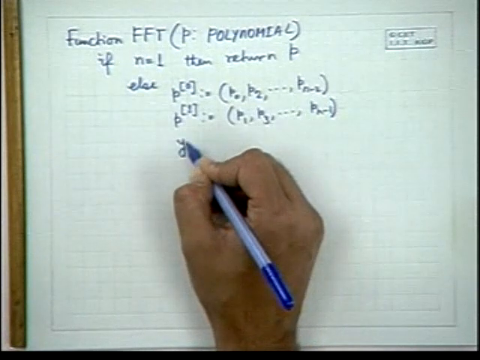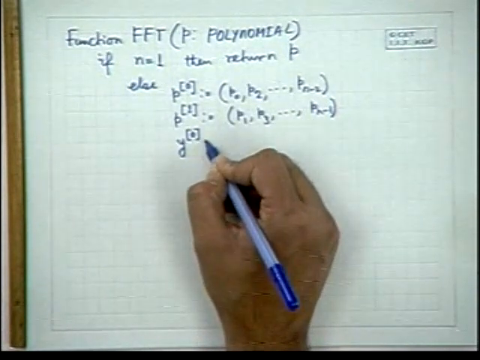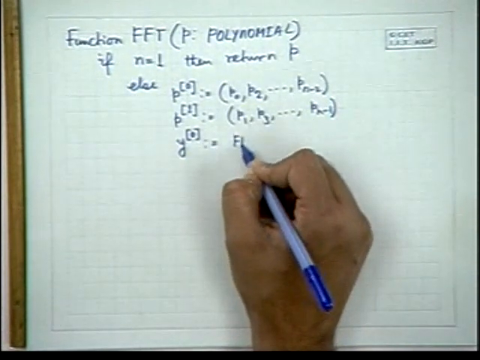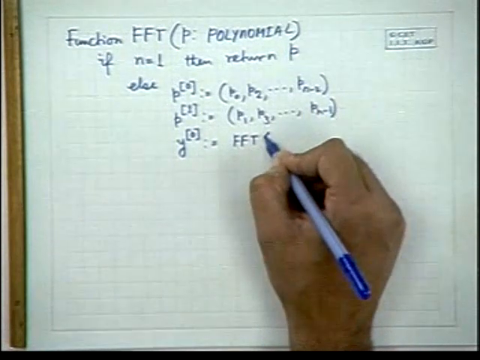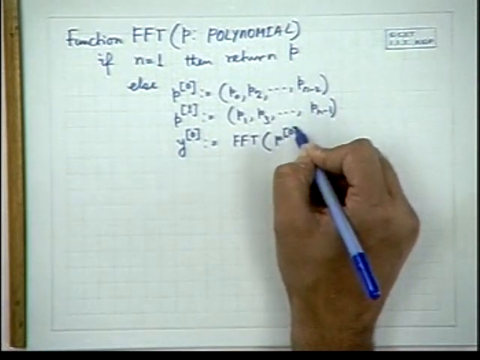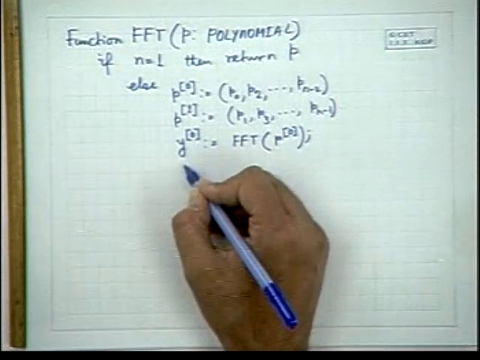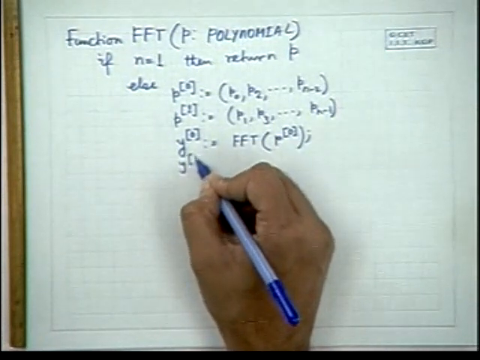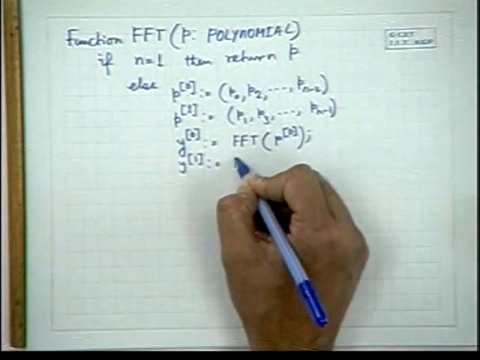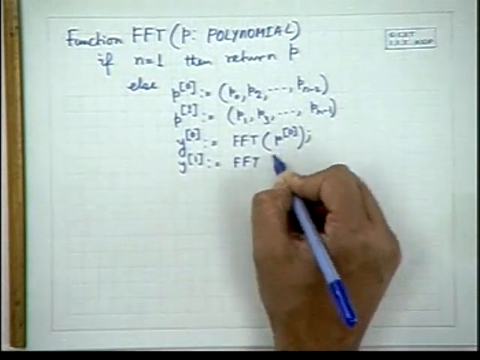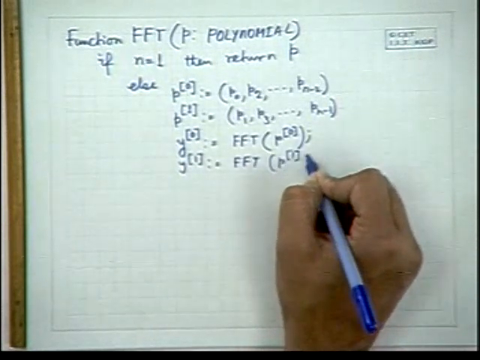Then recursively compute the vector y0 using FFT on P0, and compute y1 again using FFT on P1. This is the divide step.